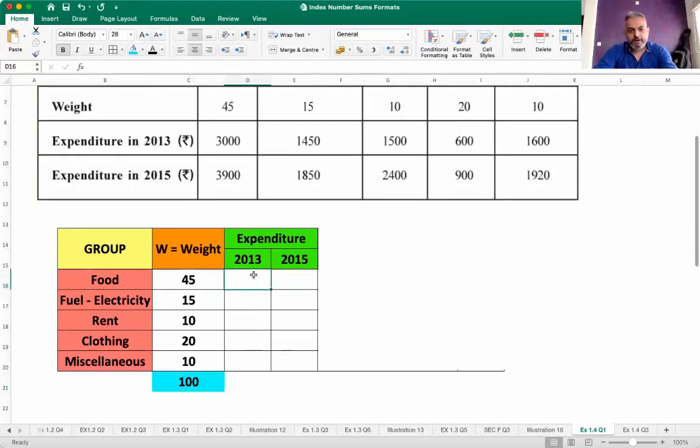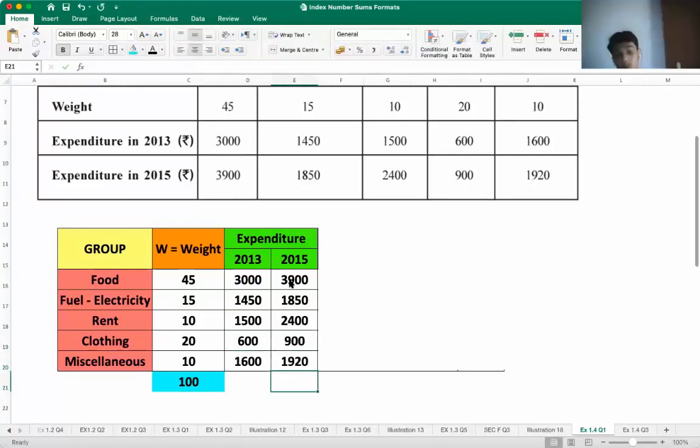Now expenditure in year 2013: 3,000, 3,900, 1450, 1850, 1,500, 2,400, 600, 900, 1,600, 1920.